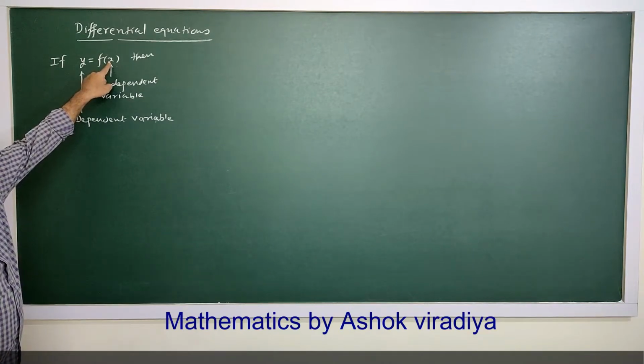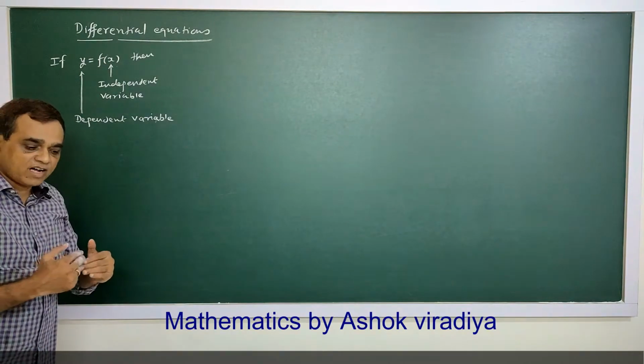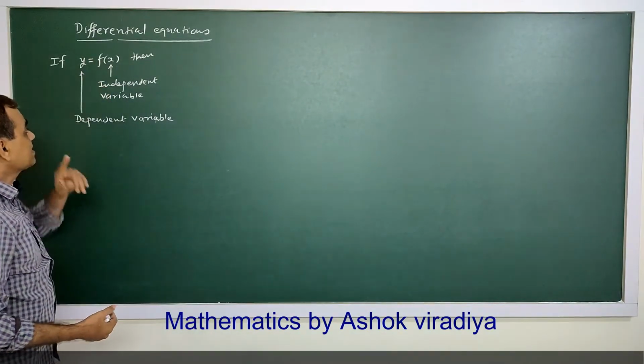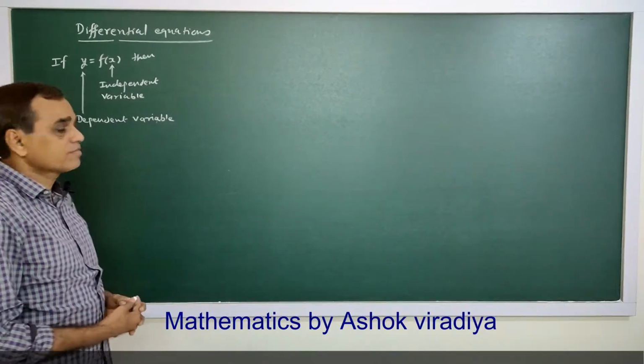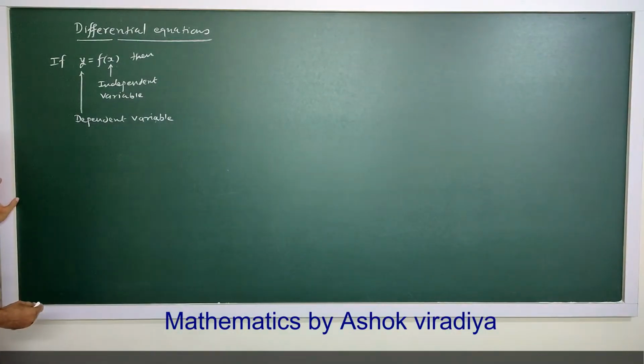We choose x from the domain and put it in the function, and then y is calculated. So y is dependent on x. So y is the dependent variable and x is the independent variable.